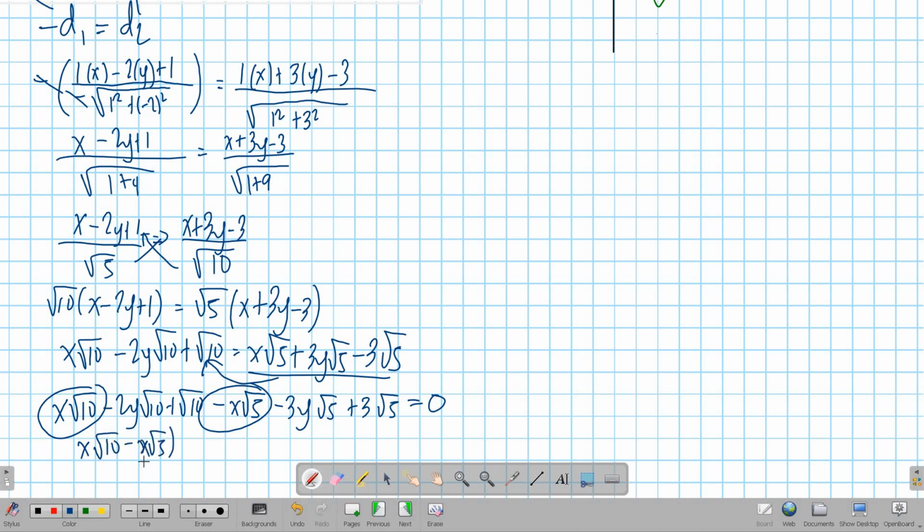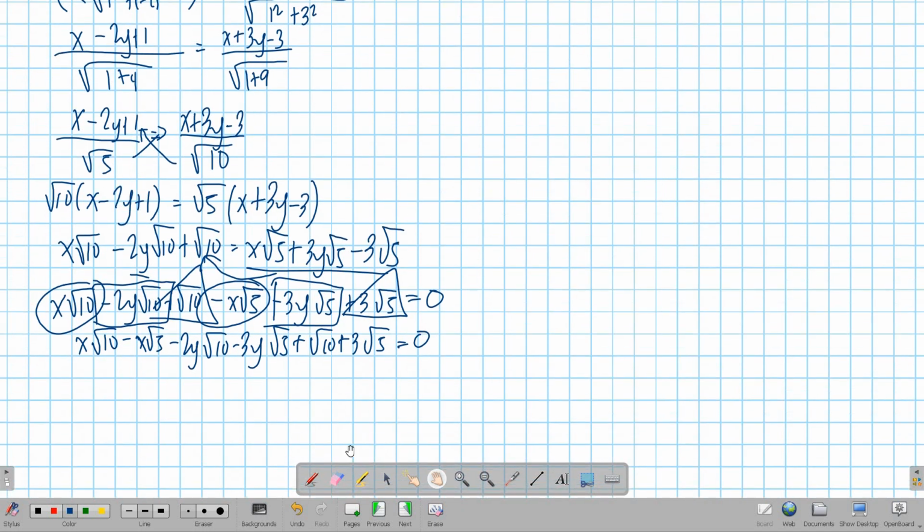Hindi naman sila mapapagsama talaga as like terms. Then, the y's, that's negative 2y square root of 10 minus 3y square root of 5. Tapos, the constants here, that's plus square root of 10 plus 3 square root of 5 equals 0.